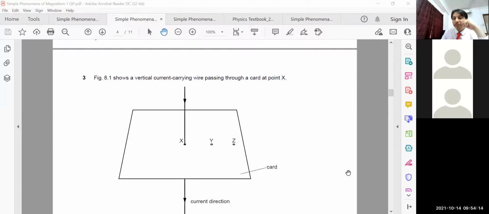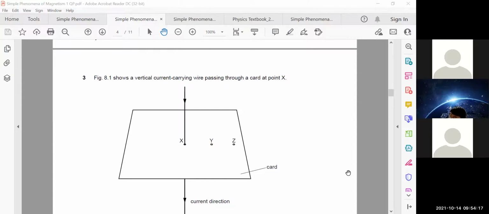Current is downward, children. So may I know the answer from Fio? Fio, please. Can you tell me? Let me allow you to annotate. And if you can draw the magnetic field patterns around this current carrying wire X. Fio, please.